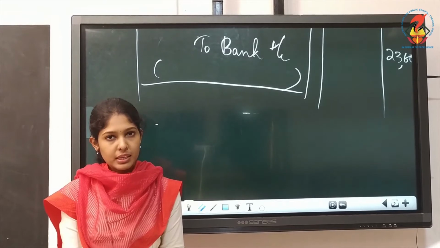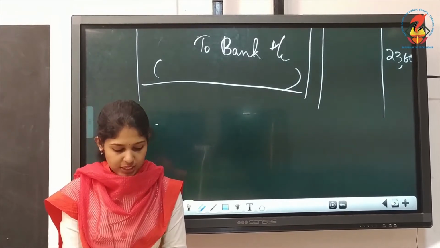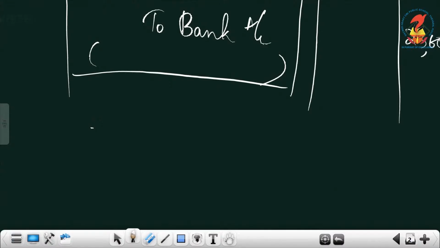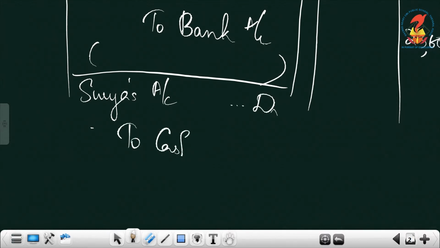Now we are making the payment. So now what we can write is Surya's account debtor to cash account. The date is on April 19th and the amount is 20,000.